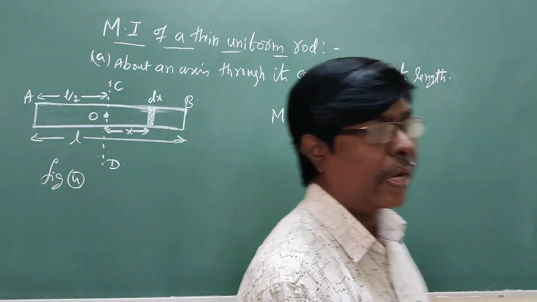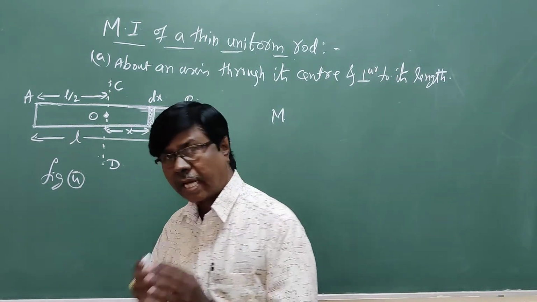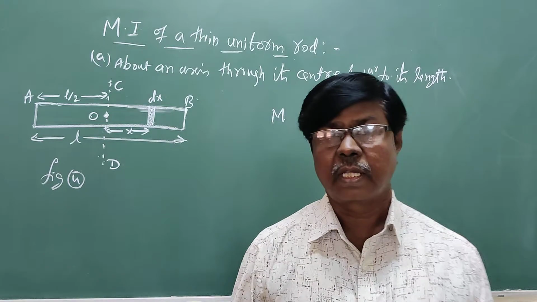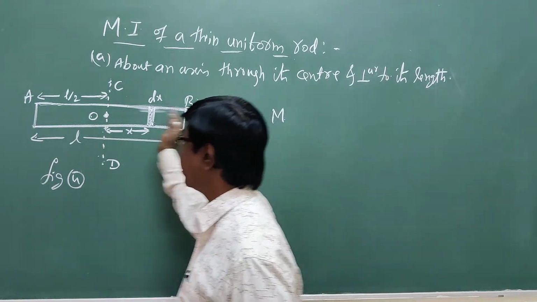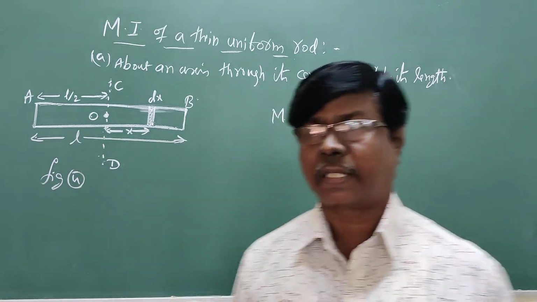First we will calculate the mass of the element. The sum of all the elements in the rod gives the total mass.